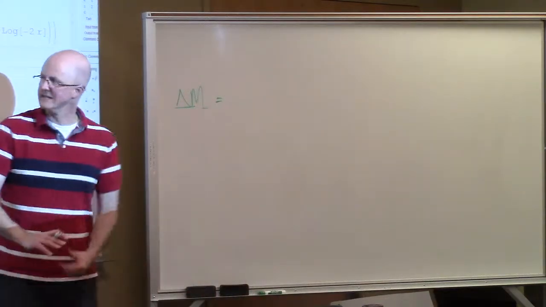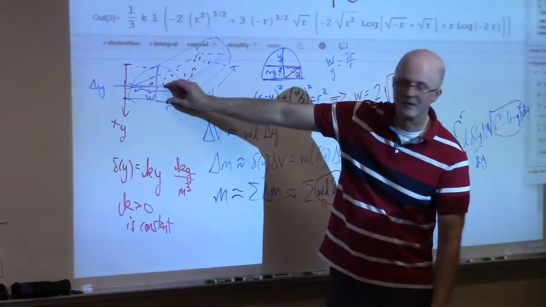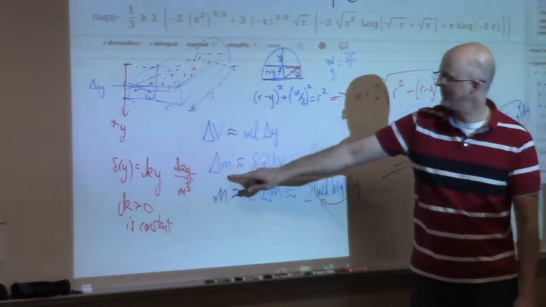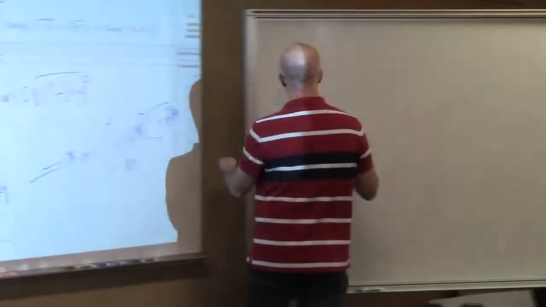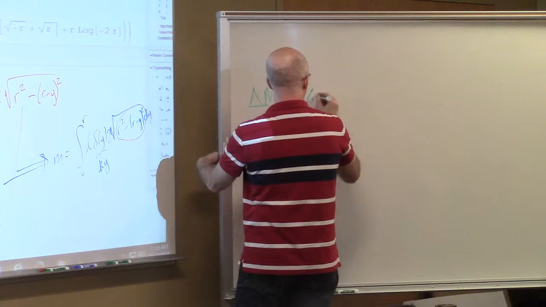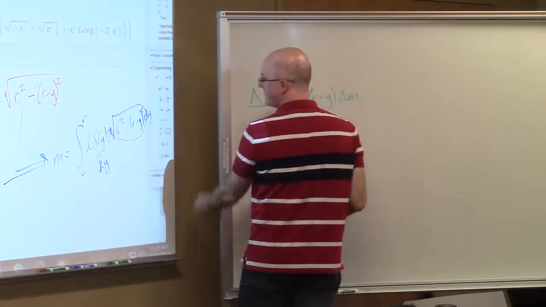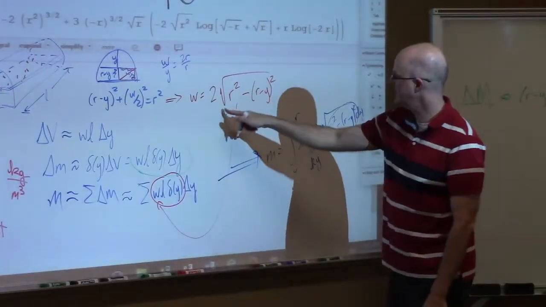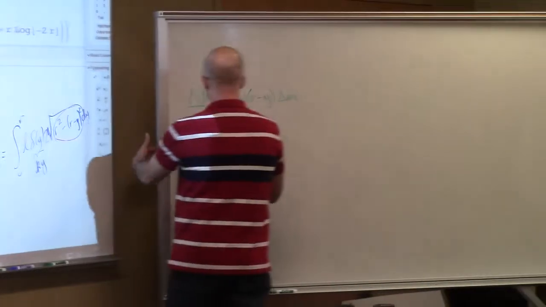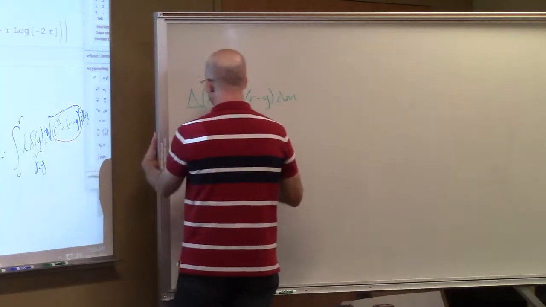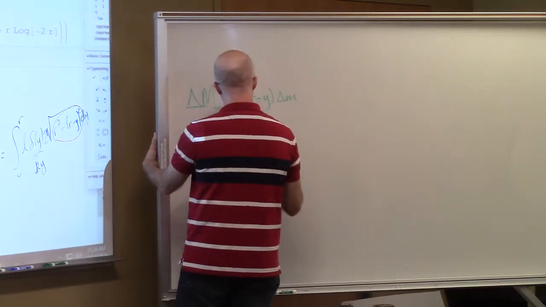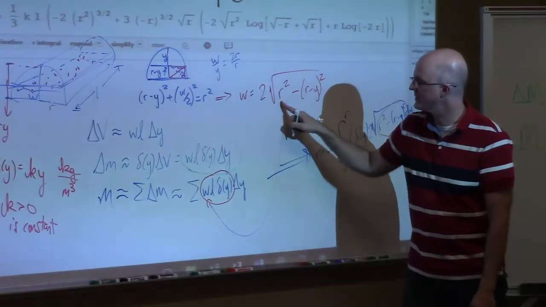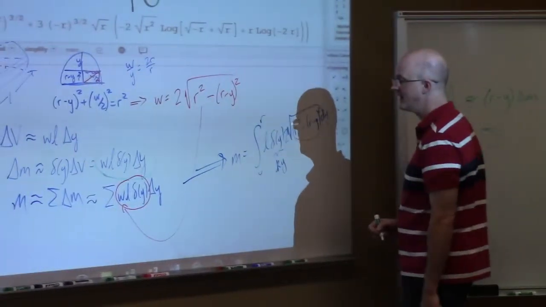Remember, the moment is the distance times the mass. That distance is really r minus y, and the mass is delta little m. This would be approximately r minus y times delta little m. Ultimately, we got delta little m to be this, and we plugged in W equals that. The total moment for the whole thing should be approximated by essentially this, except with this in for W, and also don't forget to multiply by r minus y.